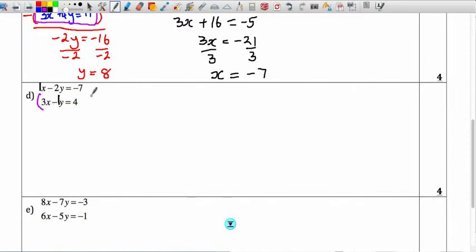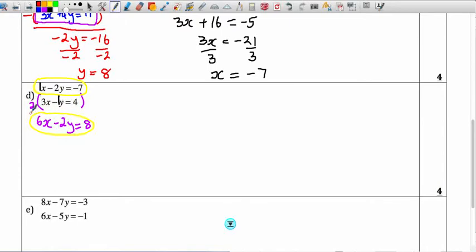What I'm going to do is multiply the second equation by 2, and that is going to result in an equation of 6x minus 2y is equal to 8. Now you can see, if we focus on the first equation and the newly modified equation, the y is the same.